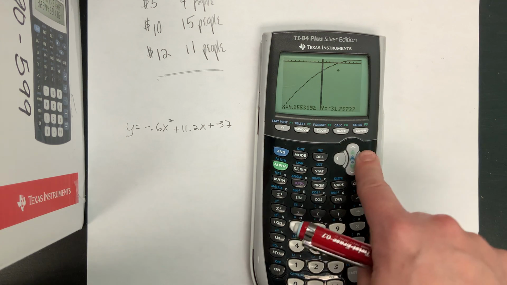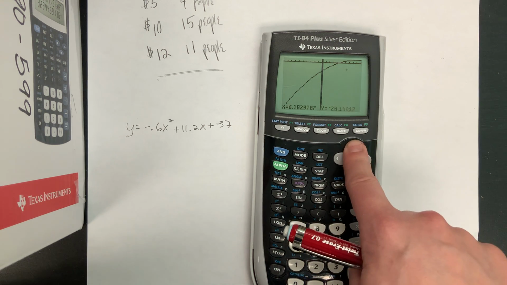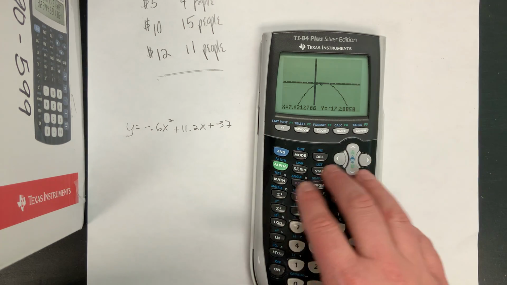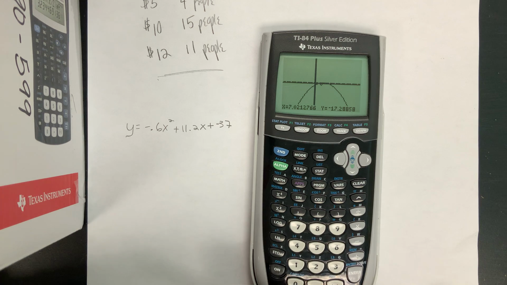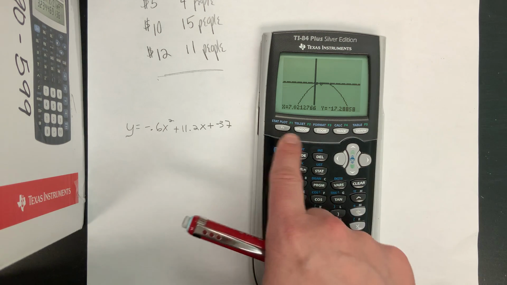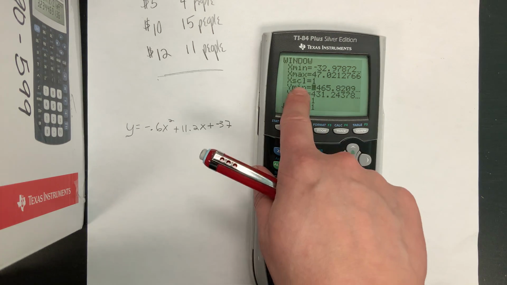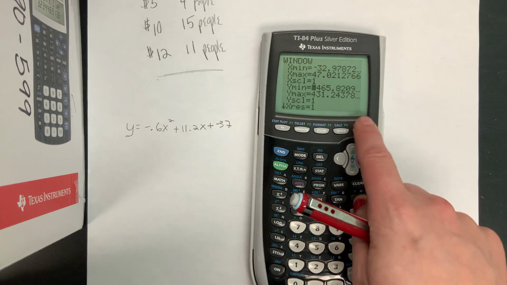All these negatives don't really make sense for us. Okay. So I'm getting close there, but notice how I'm basically just going to try and play around with my zooming until I can see my parabola. I probably don't need such high on my Y's.